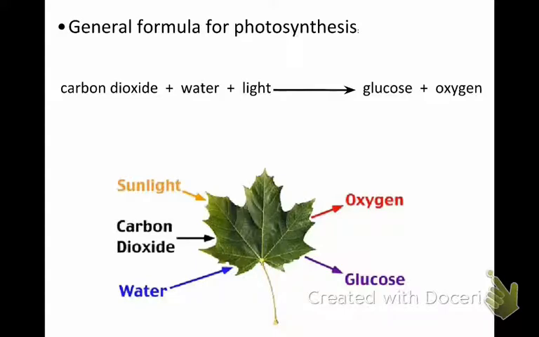Glucose. If there's no plants, is that going to work out well for us? No. What do we exhale? Carbon dioxide, okay? Carbon dioxide is one of our number one pollutants from industry, from us breathing, from agriculture, you name it, carbon dioxide is a big problem, okay? So plants readily filter that out of our environment for us, which is pretty awesome.